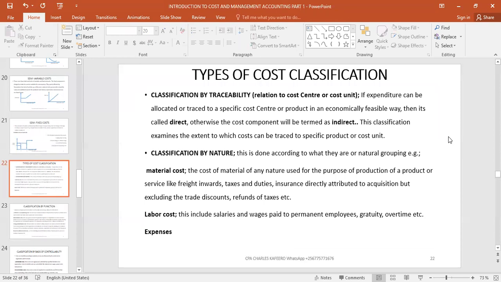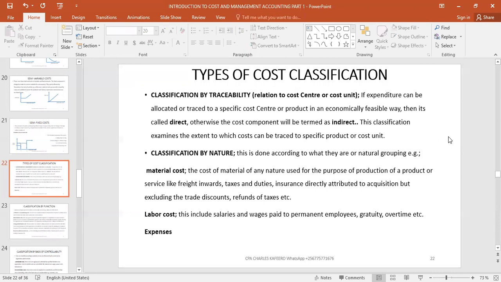Then the other classification we can talk about is classification by nature. Classification by nature is done according to what they are or their natural grouping.